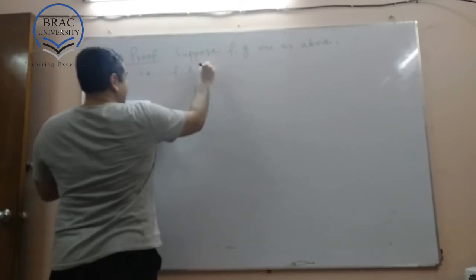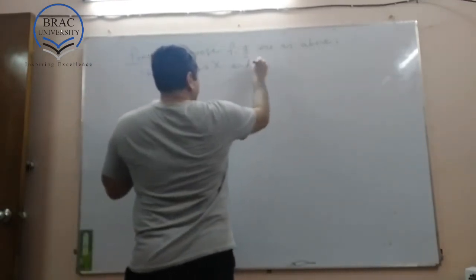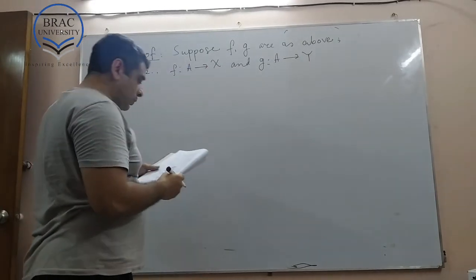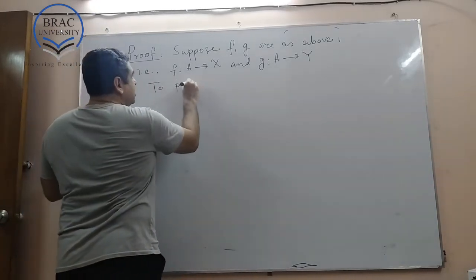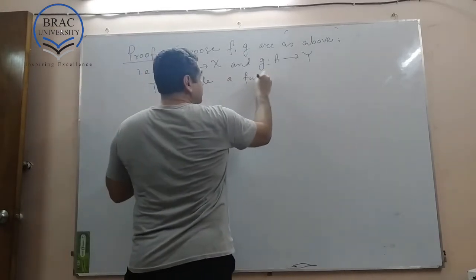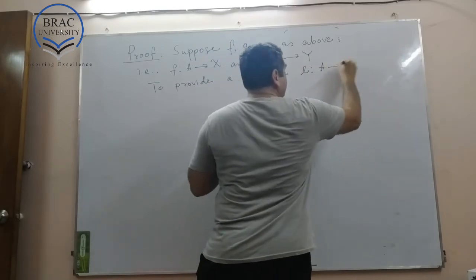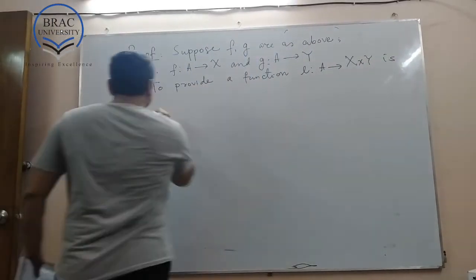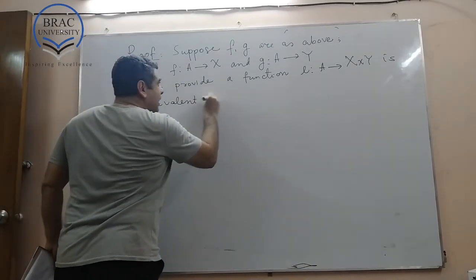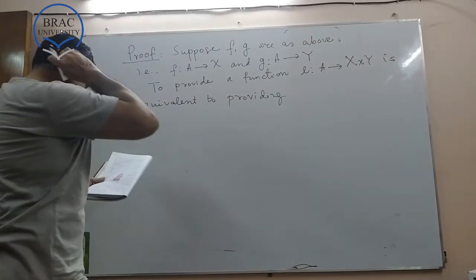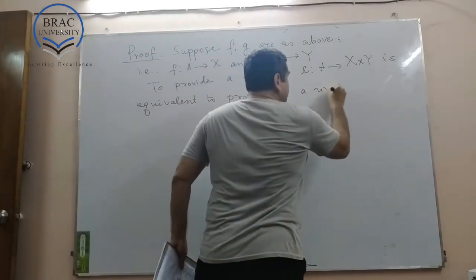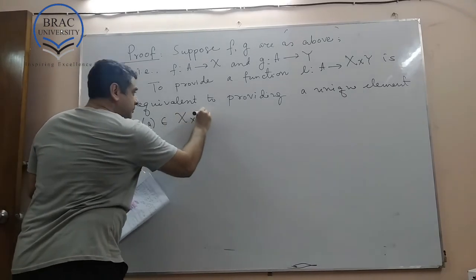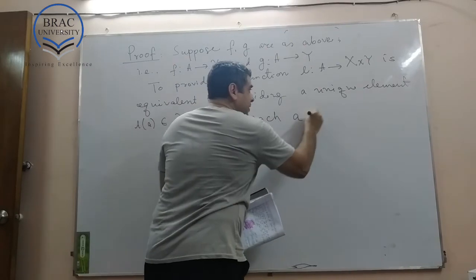That is, f is a map from A to X, and g is another map from A to Y. So we are looking for a function from A to X cross Y. To provide a function L from A to X cross Y is equivalent to providing a unique element L(a), which will belong to this product, for each a in the set A.